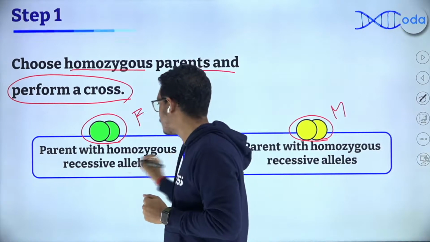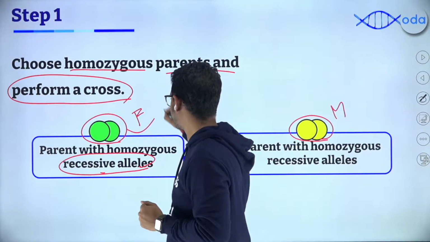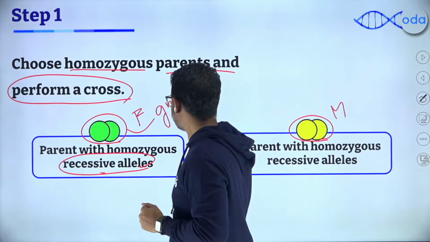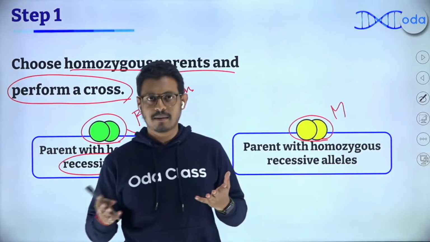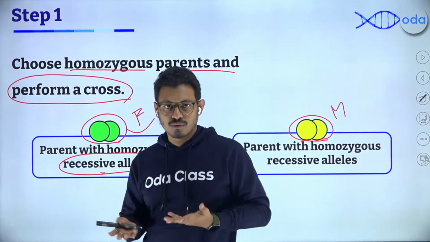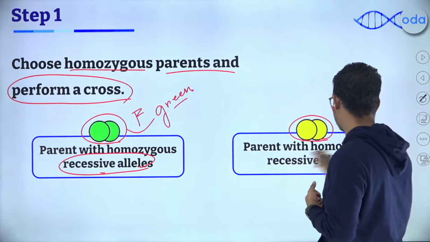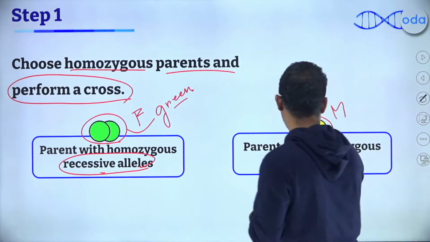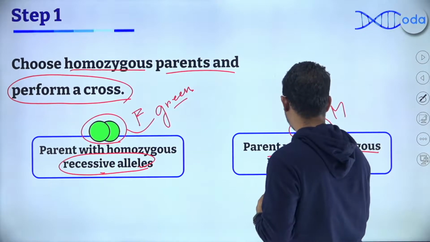This parent has a homozygous recessive allele for green color seed. Let's just write it as green. Okay, so green color is here recessive. Remember, it doesn't have so much expression power when it is combined through the next generation. Whereas this individual here has another homozygous, not recessive but dominant.